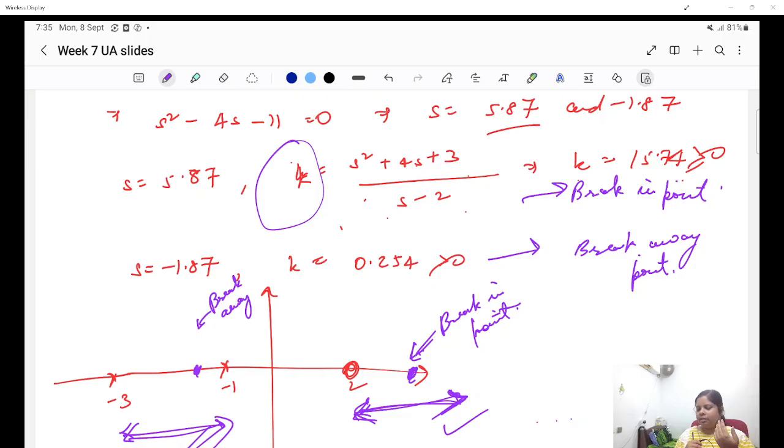So for K greater than 0, both of these are valid, and hence both are breakaway or break-in points. Had we got some complex value for s, it would not have been a breakaway or break-in point. Or if the value of K came out negative from those roots, then also it would not have been a breakaway or break-in point, but in this case it is.